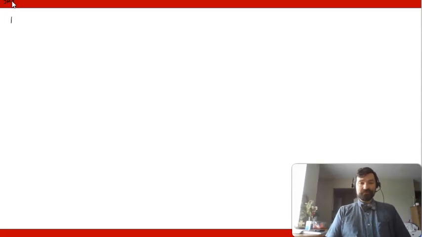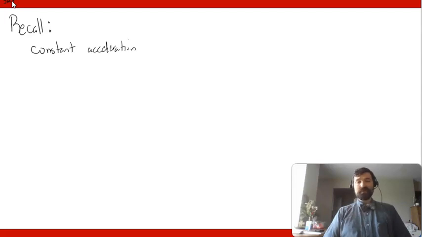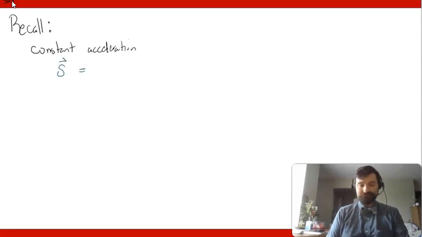So let's start off with the lecture proper by recalling what it is that we've done with constant acceleration. So when you have an object that undergoes constant acceleration, the correct way of writing the equations of motion are that your x or y or z, your position vector, let's actually call it s here. s is given by 1/2 a t squared plus v initial t plus s initial.